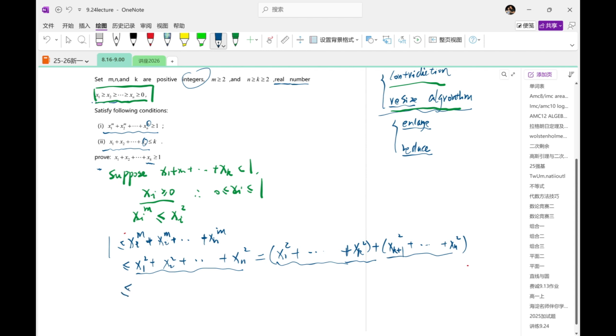Because x_1 is the greatest number here, we take x_1 out, so it is less than x_1 times x_1. For the second part, because x_k is greater than all these numbers, we enlarge it into x_k, extract it, and inside it is x_(k+1) to x_n.